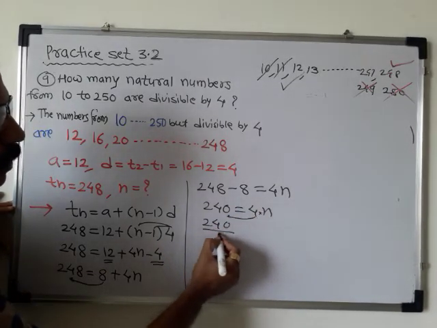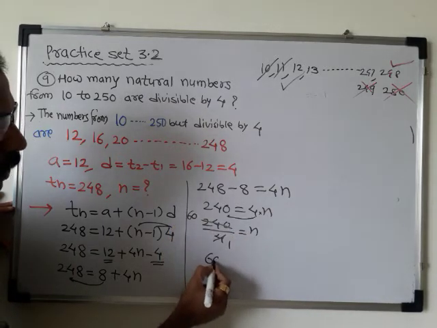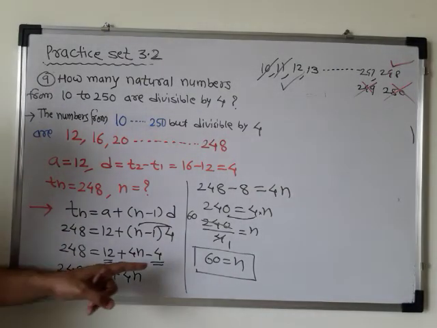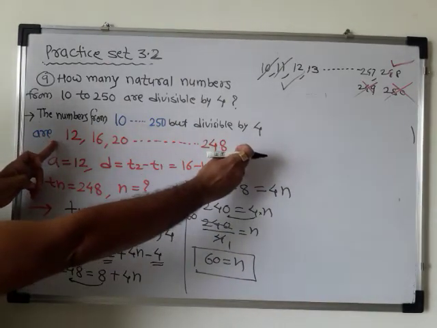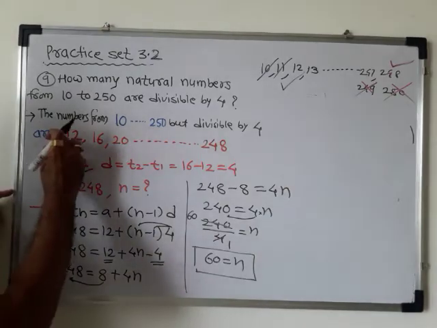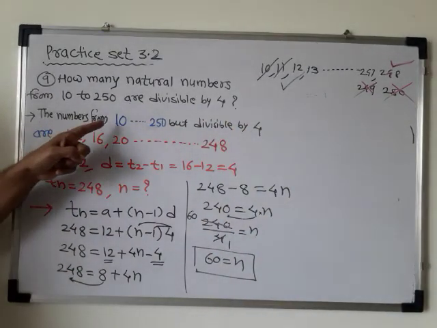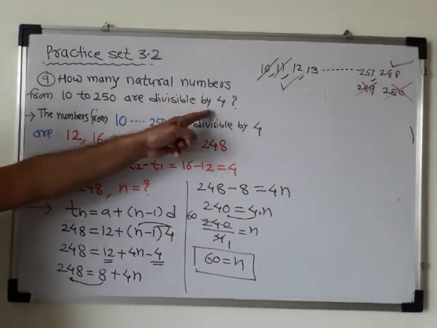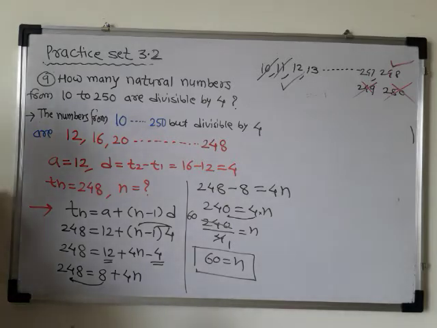The 4 will become upon 4 on the other side. So 60 is equal to n. Means there are totally 60 terms in that gap, 12 to 248, which are divisible by 4. So from 10 to 250, how many natural numbers are divisible by 4? The answer is there are 60 terms divisible by 4.